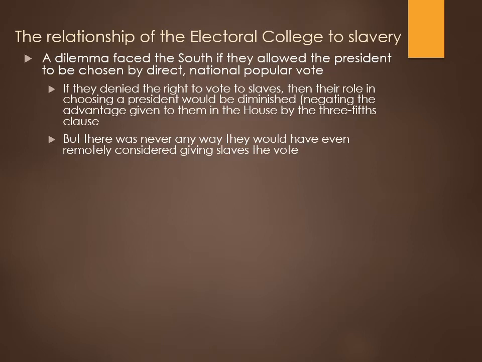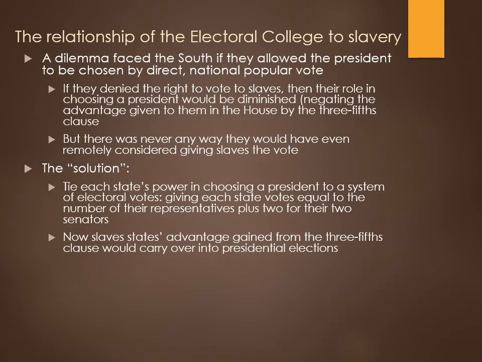On the other hand, there was never any way they would have even considered giving slaves the right to vote. So they wanted to continue to exclude slaves from the vote, but retain the power that the 3/5 Clause had given them in the House of Representatives. Well, they found a way to do that, and that way was the Electoral College.